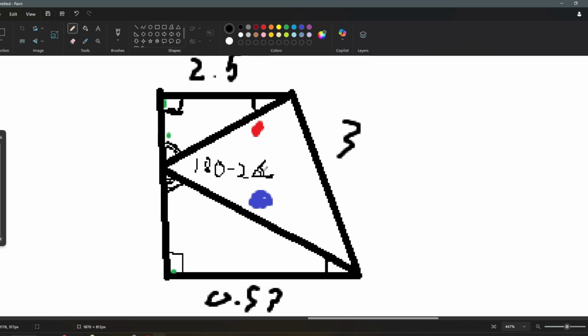But does that allow us to find from 2.5 that if we can find this vertical using the stuff we already have, then we could find red, which will allow us to find blue, which will allow us to find question mark? Wait, will it allow us to find question mark? Yes, it will, because then it'll give us a scale factor.